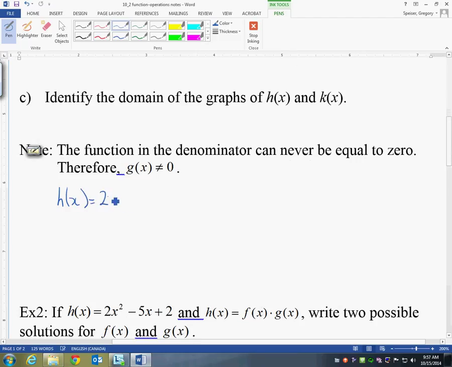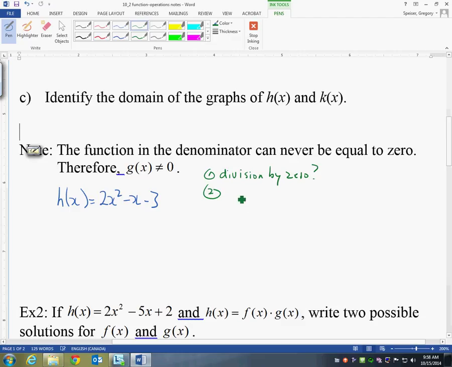Our definition is it's 2x squared minus x minus 3. The two things that we're wondering about: one, is there any situation where we're dividing by 0? If so, we need to restrict that from the domain.